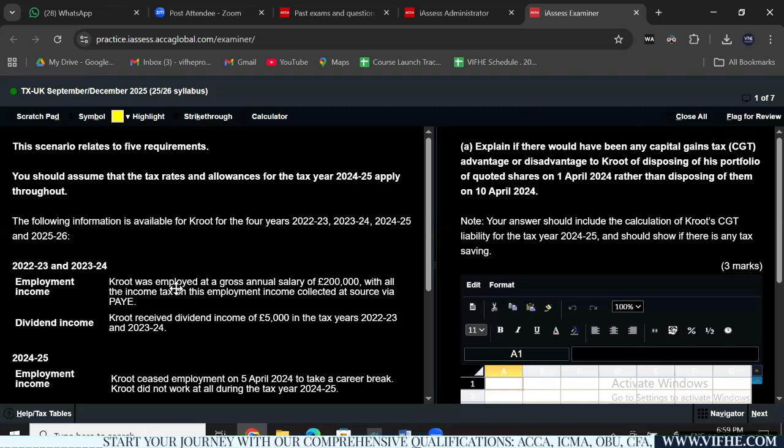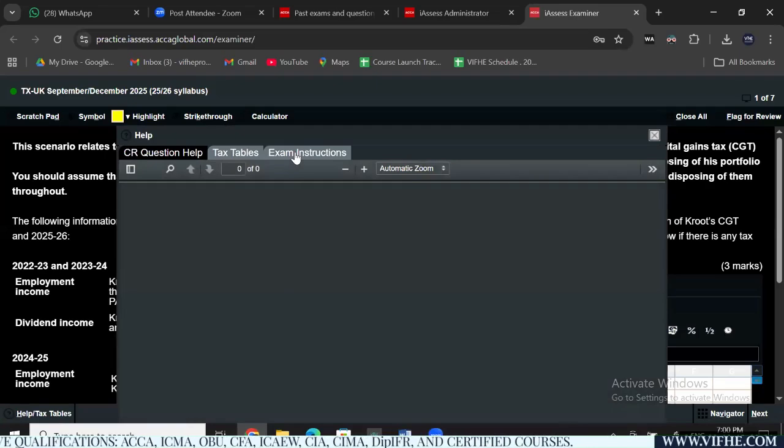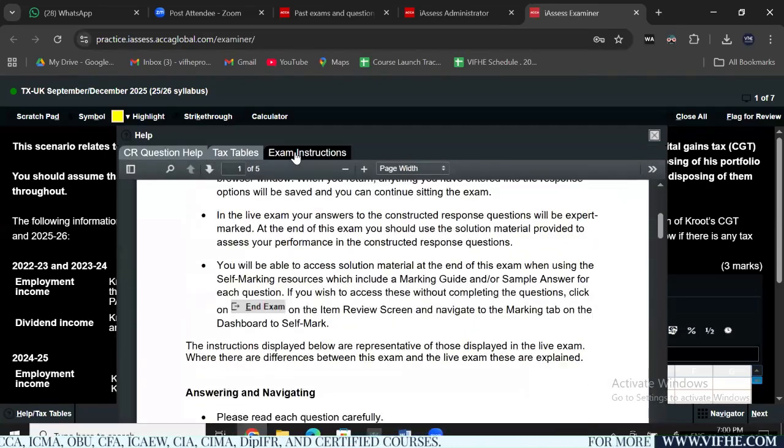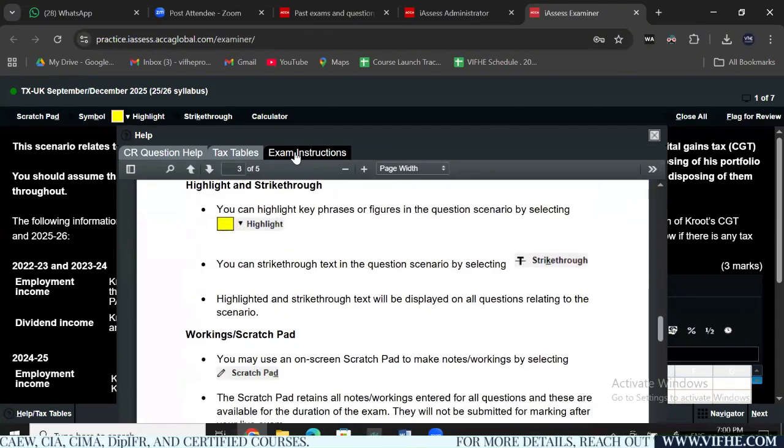But if you really want to see what these instructions were, then you can see this is the help and tax table. I'm just going to click on it, and there you may find the exam instructions once again, right? But I feel that you really need to go through these exam instructions right now, so that on your exam day you will not have to go through each and everything once again.